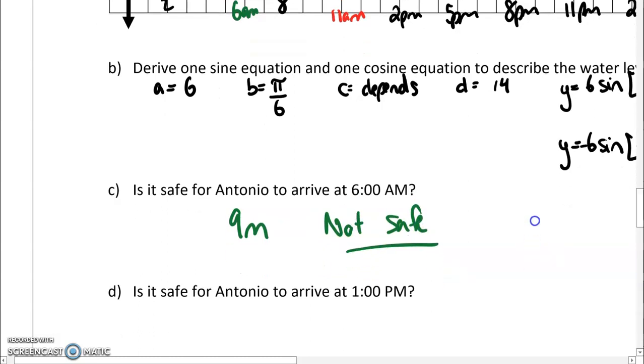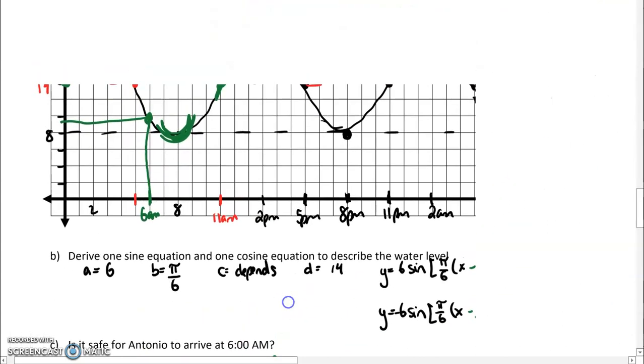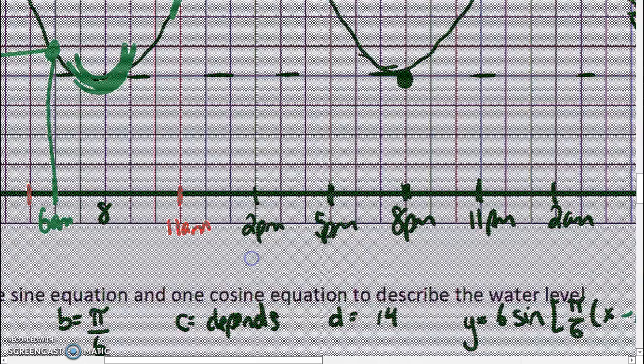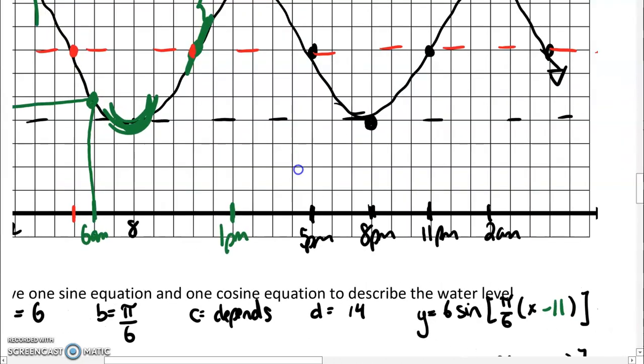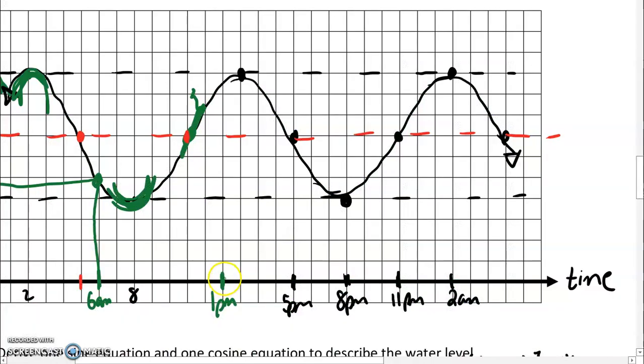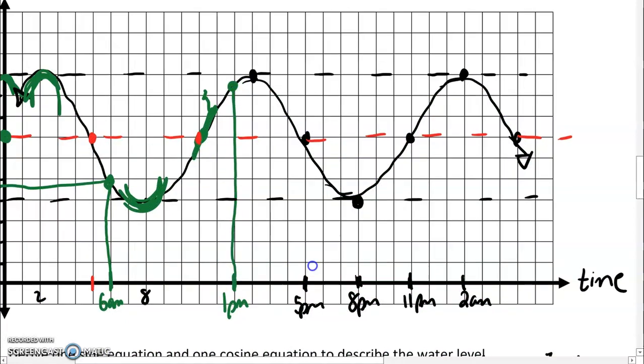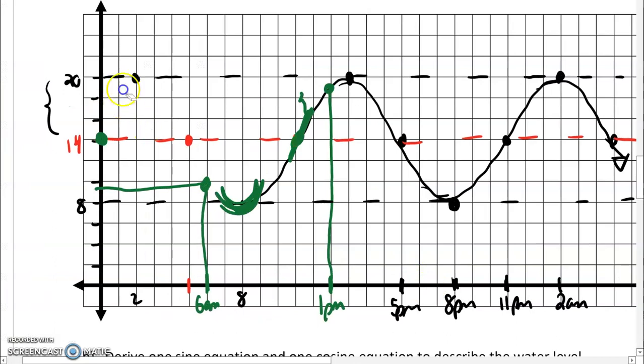We can check here, D, is it safe at 1 p.m.? So I'm going to go over here to 1 p.m. This is 2. Let's just erase this and put 1. So this is 1 p.m. And I'll just go up on the graph and see what the height is. So I'm going to go all the way up here and go all the way over.